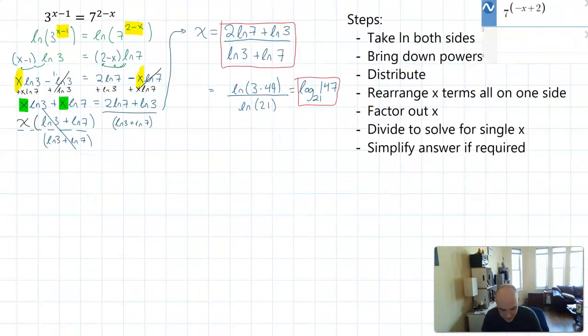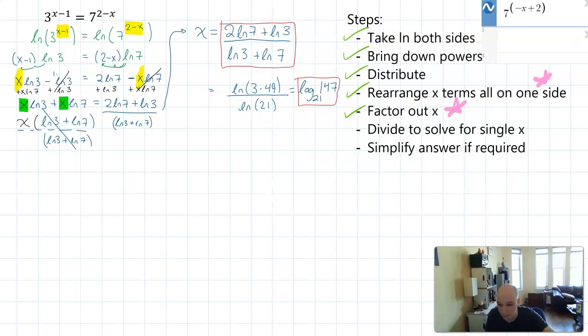And just to recap the steps, your first step is take the natural log of both sides, bring down all the exponents, distribute all the natural logs to all the exponents that you brought down, rearrange so all the x terms are on one side, and factor out that x. This is the step where folks usually get stuck, that rearrange and factor.